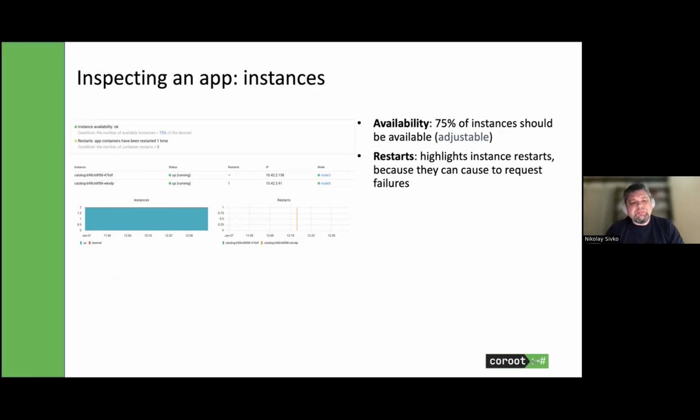Next, we should check the status of each instance. No matter whether we run our applications on Kubernetes, dedicated servers or virtual machines, we want to know all the instances and their statuses. Are they available or not?